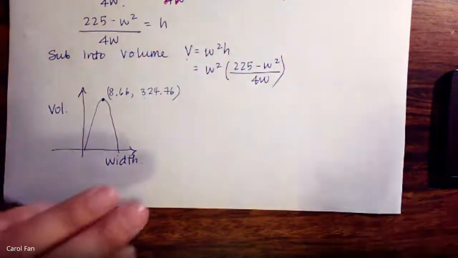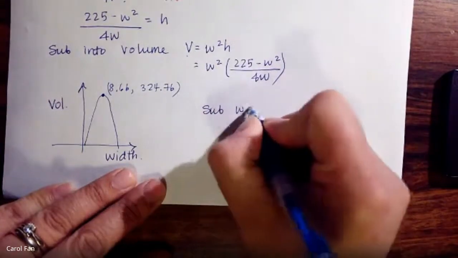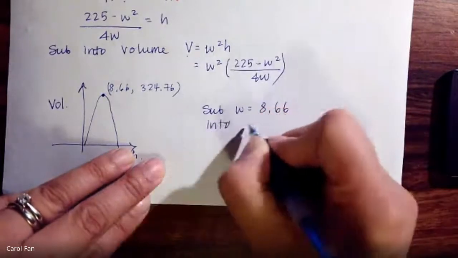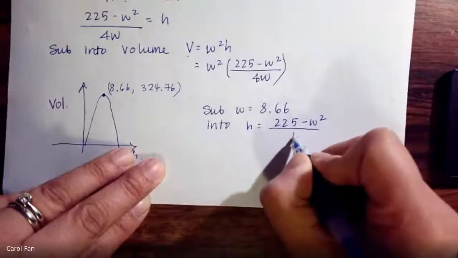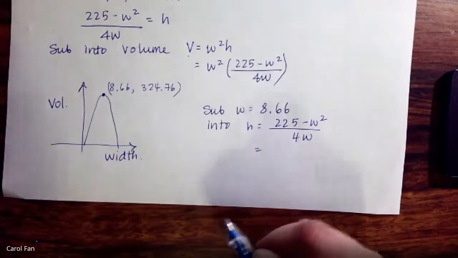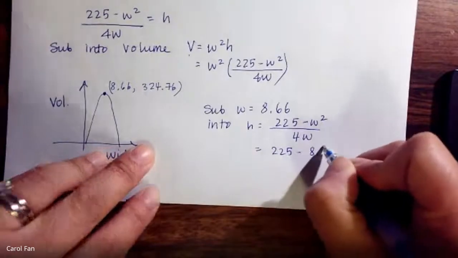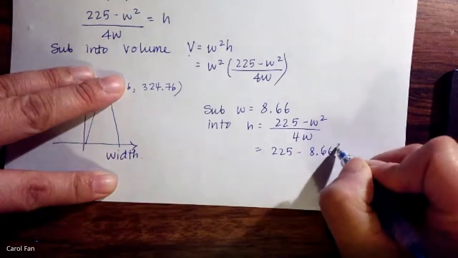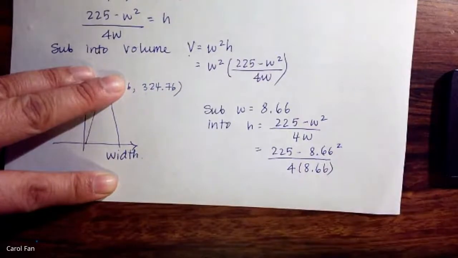Now we need to substitute it back in to get my H. So sub W is equal to 8.66 into H is equal to 225 minus W squared over 4W. So we have 225 minus 8.66 squared, divided by 4 times 8.66.